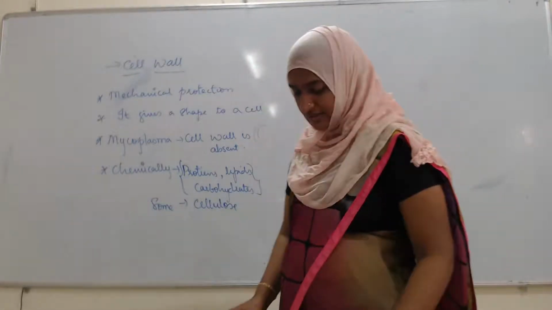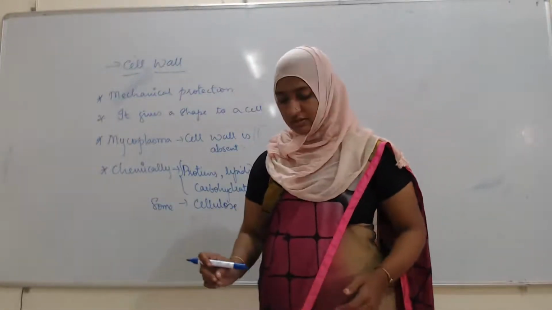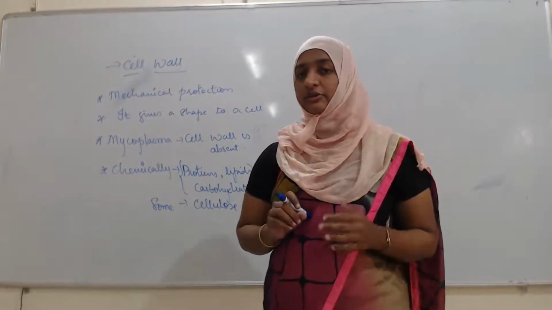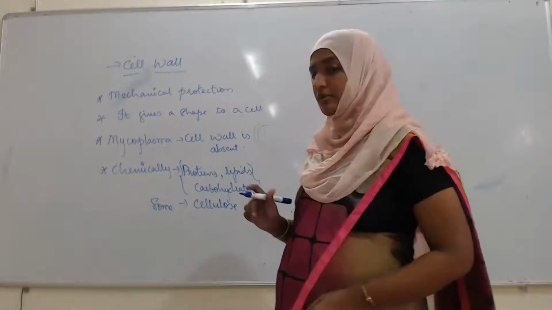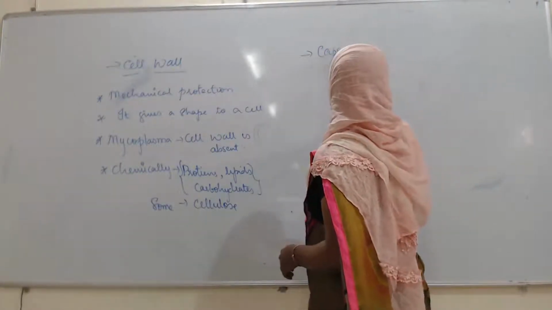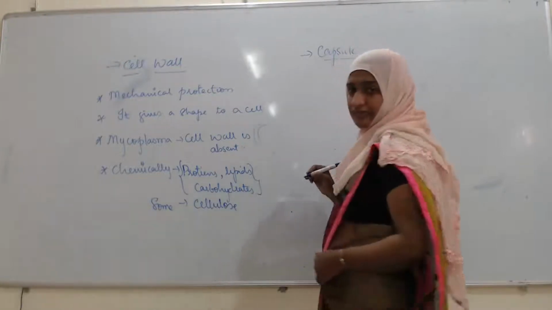In some bacteria, the cell wall is surrounded by an additional slime or jelly-like substance. To that we can call it the capsule.